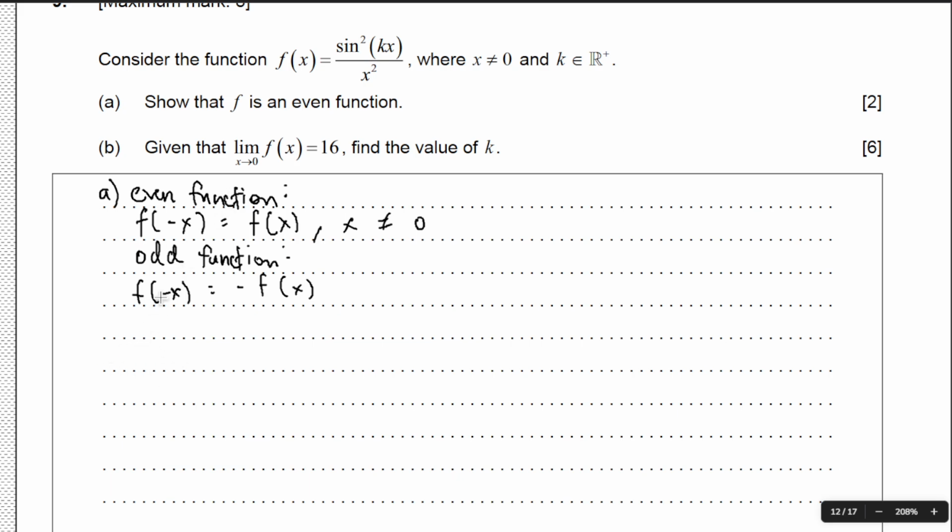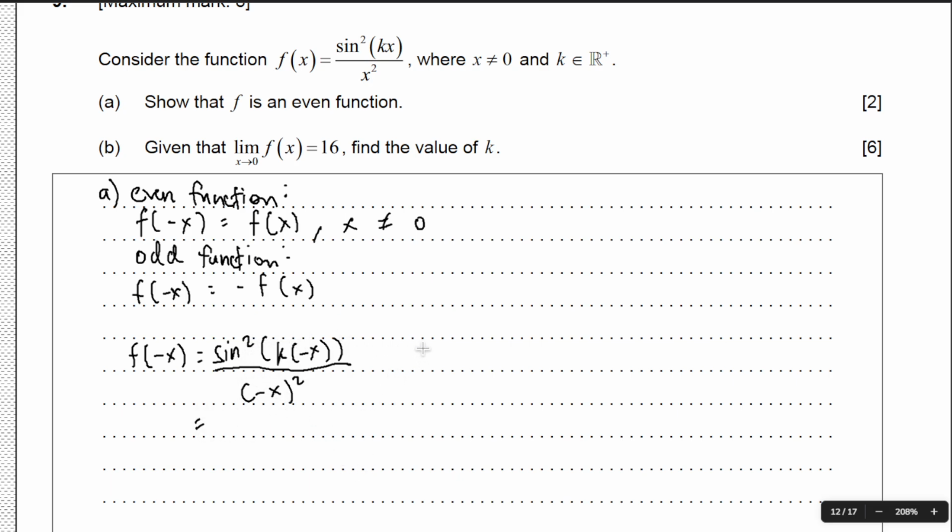Okay? So since we have to show that f is an even function, we have to substitute minus x into our equation, where it would be sine squared k minus x over minus x squared.